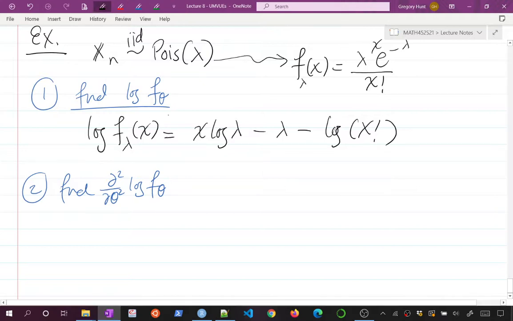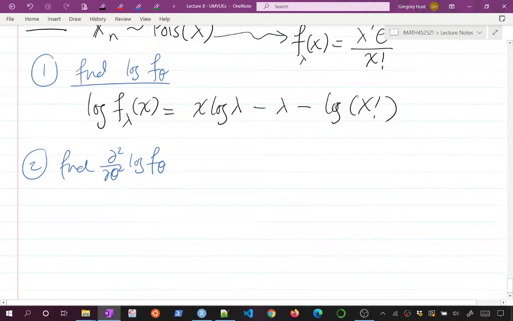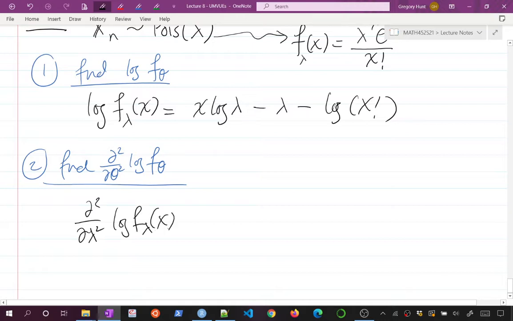Because here we're not plugging the random variable into its own PDF yet, but we will. The second step is you find the second derivative. So d squared d lambda squared of log f lambda is just two derivatives of this bad boy.